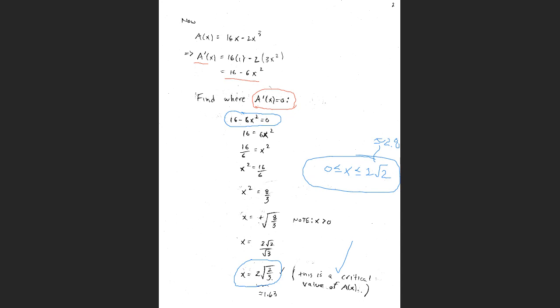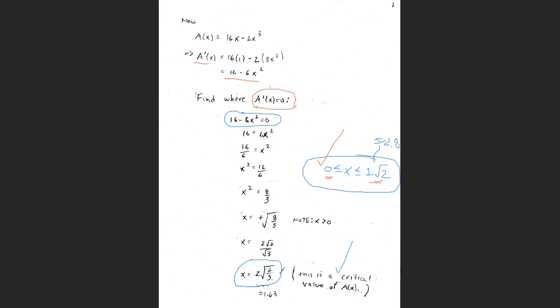So we always have to ask ourselves, when we are maximizing or minimizing a function over a closed interval, could the maximum area be at one of the endpoints? We have to ask that always when we are maximizing or minimizing a function.